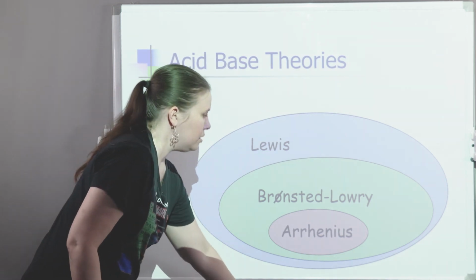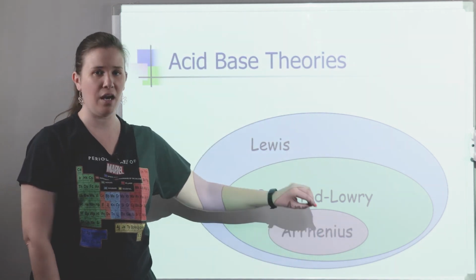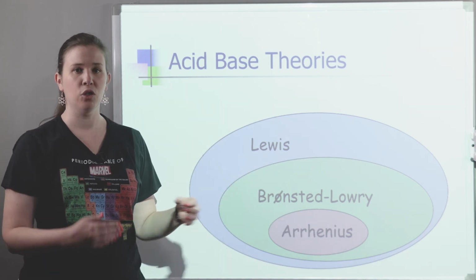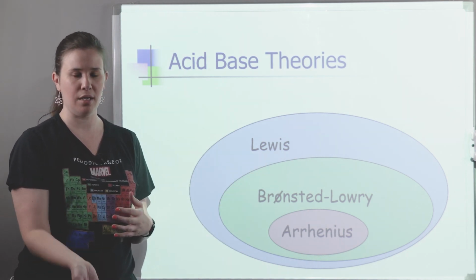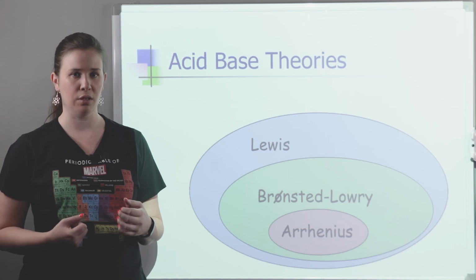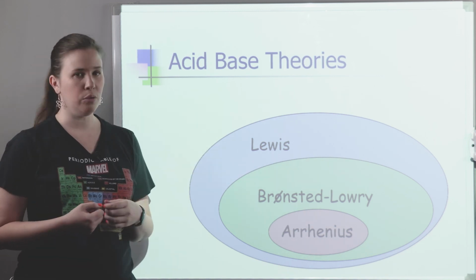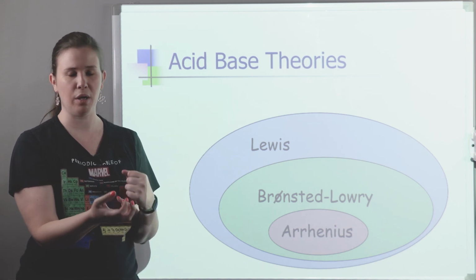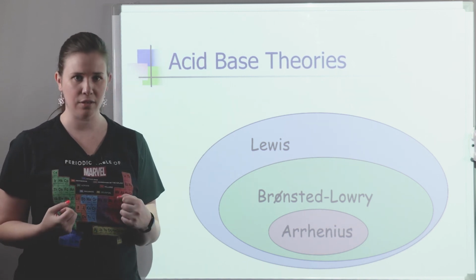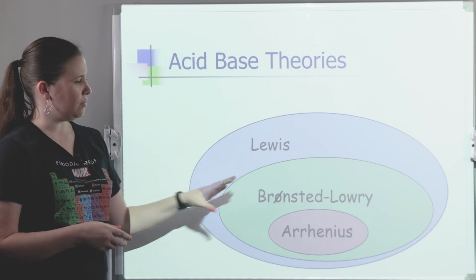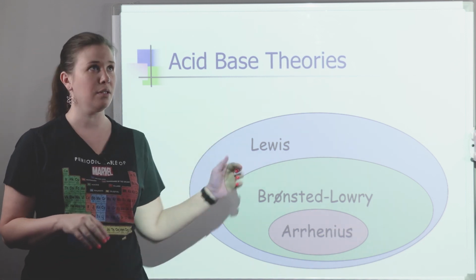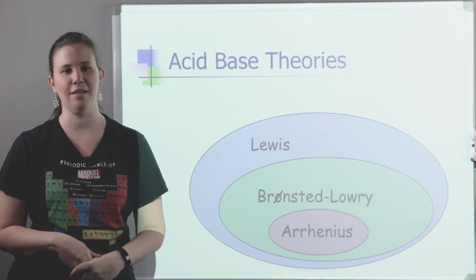The Arrhenius theory focuses on having hydrogen or having hydroxide. Bronsted-Lowry focuses on donating a proton as an acid or receiving the proton as a base. Lewis's theory focuses on donating an electron pair as an acid, or receiving it as a base. So it's kind of this give and take that connects the Bronsted-Lowry theory with the Lewis theory.